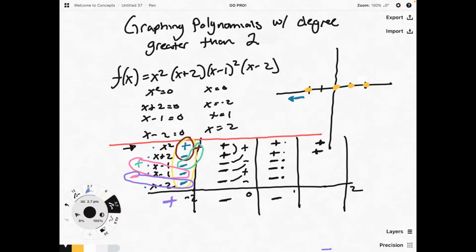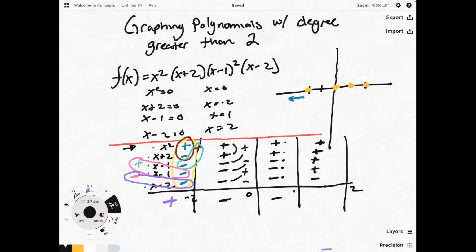We have x minus 1, and so if we plug in 1.5 into that, we're going to get 1.5 minus 1. That's going to be a positive 0.5, so that will be positive. Multiplicity 2 is going to be positive, so 1.5 minus 1 is a 0.5. Again, that is positive. And then we have 1.5 minus 2, and that is going to be a negative.